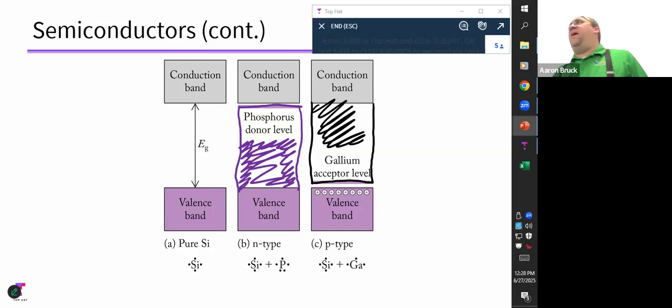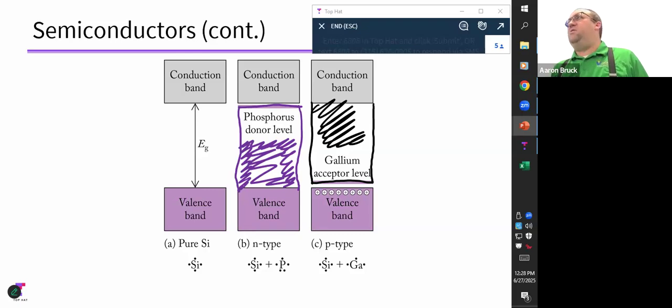Now, the question you might have is, well, what if you do both? Well, if you do both, then you've got yourself the makings of a diode. Diodes use N and P junctions to conduct electricity.